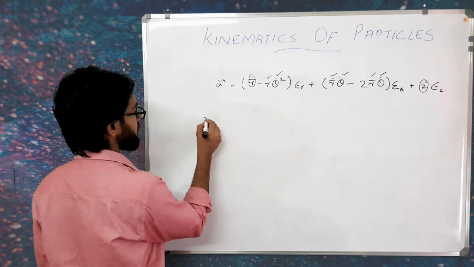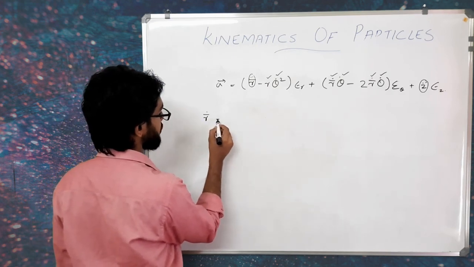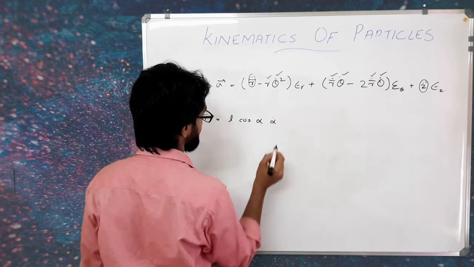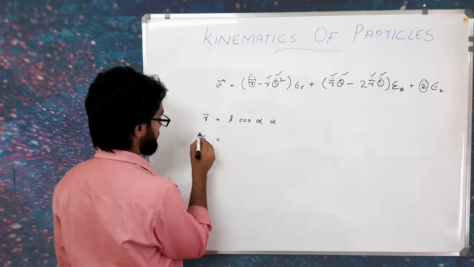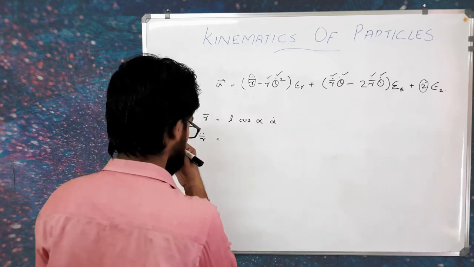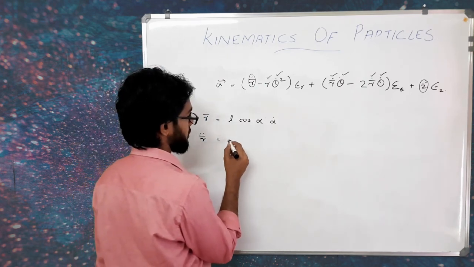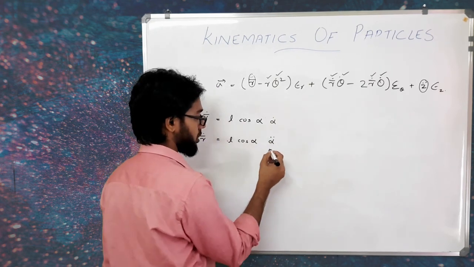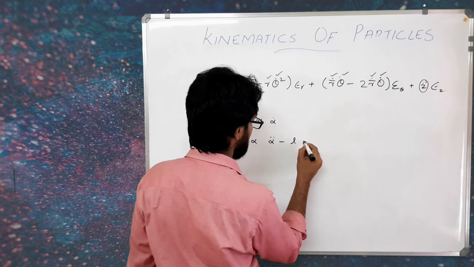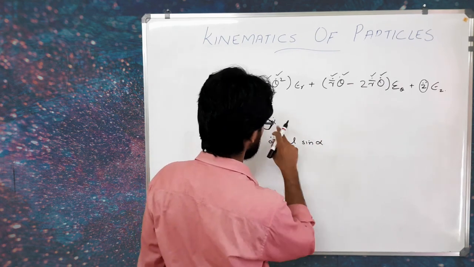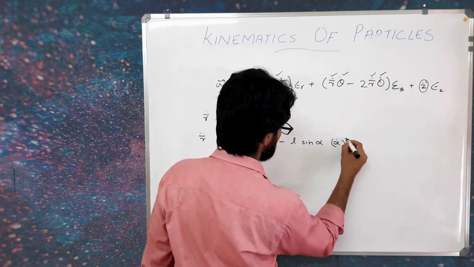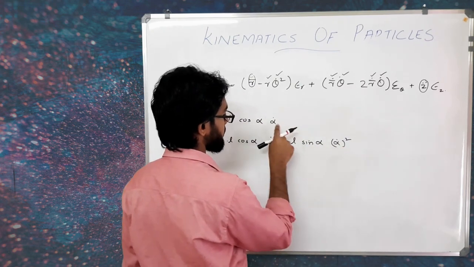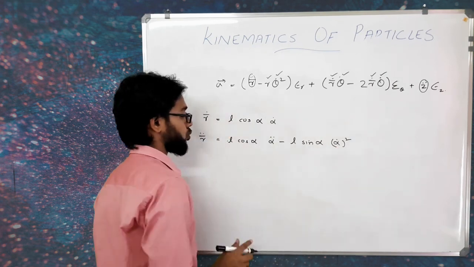Now from the earlier step, we knew that r dash dot is equal to L cos alpha into alpha dot. So r dash double dot will be equal to L cos alpha into alpha double dot minus L sin alpha into alpha dot square. Alpha, if I differentiate, becomes alpha dot, and this alpha dot multiplied by this alpha dot will give you alpha dot square.